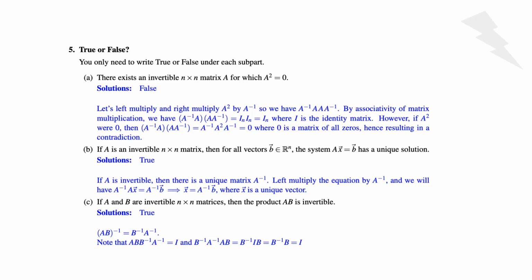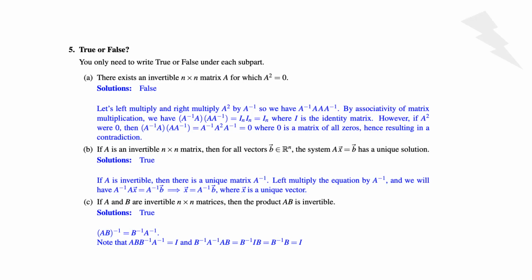And so you essentially end up with an equation that looks like A inverse times A squared times A inverse equals 0. And your 0 is essentially just a matrix of all zeros. So you have a contradiction where you don't end up getting the same thing on both sides. So yeah, that's the explanation for this question, and our part A is false.